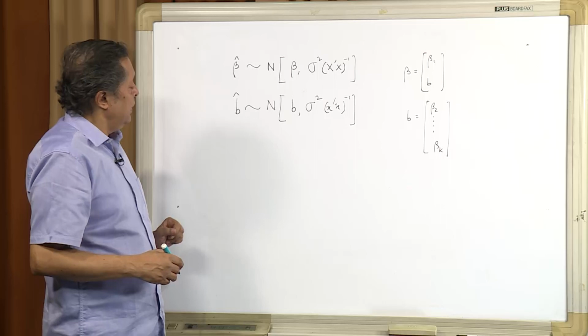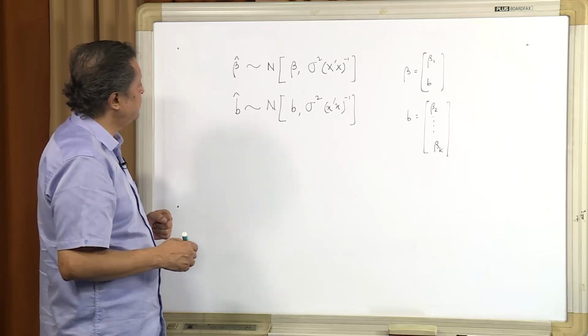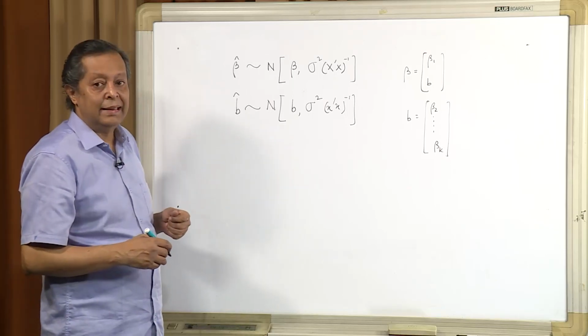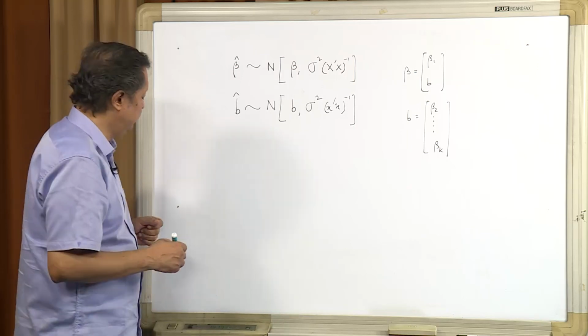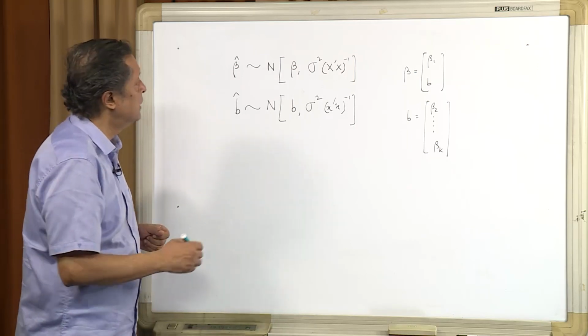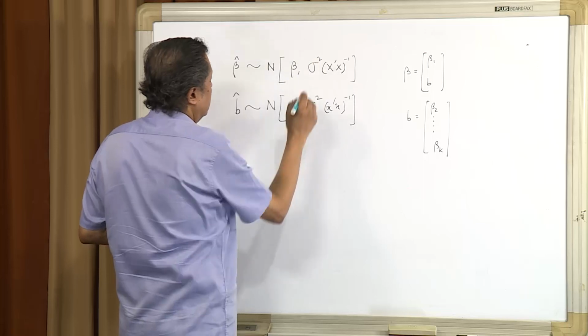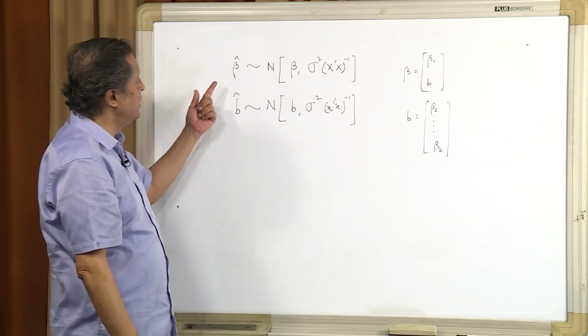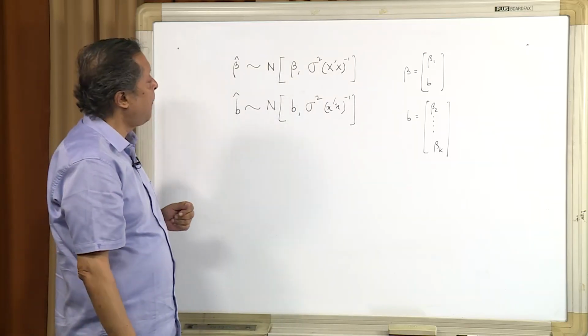These sampling distributions help us to carry out tests of hypothesis, and a simple demonstration of this sampling distribution is as follows.